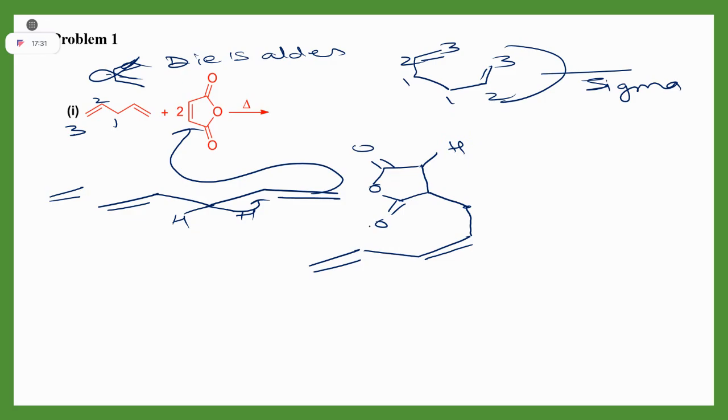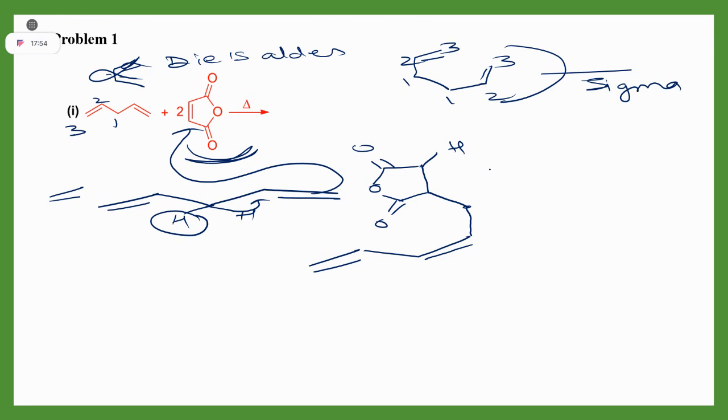Till now it is clear, Prashant. Simply this hydrogen has transferred to your enophile. Now if you can see, this has become your diene, yes or no? And we have another molecule of maleic anhydride in our system.